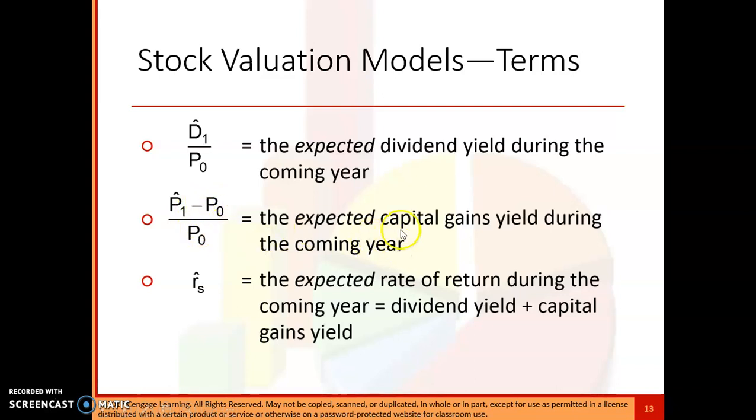That would be the expected capital gains yield. And then we have R sub S with the hat on it. That's just the expected return during the coming year. That expected rate of return is equal to the dividend yield plus the capital gains yield.